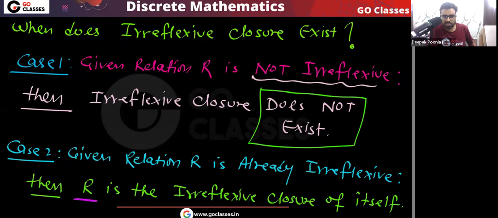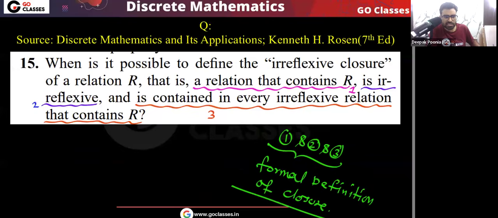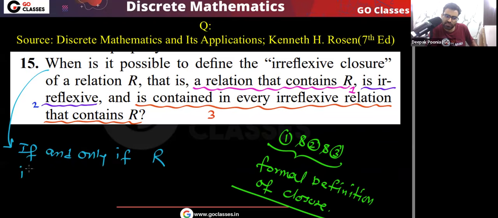Okay, so that's it. Overall, the question is asking when is it possible to define an irreflexive closure of relation R? What will be the answer to this question? The answer will be: if and only if R already satisfies the irreflexive property, means R already is irreflexive.